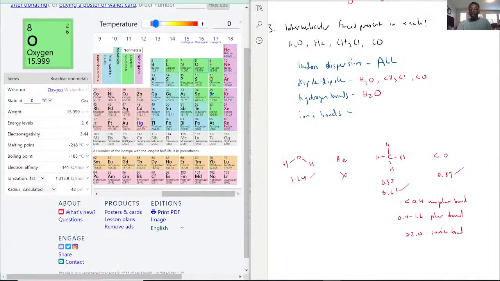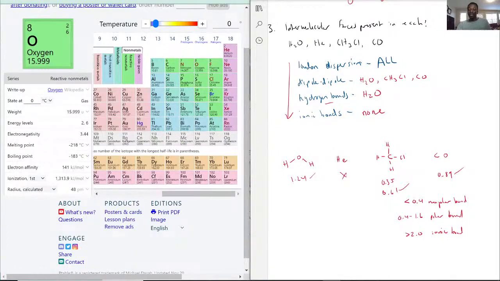And then ionic bonds, that's when you specifically have a metal and a non-metal. When you look at all these, everything listed is a non-metal, so that's none. Ionic bonds are the strongest, but of the ones present, the H2O molecule is probably the strongest, followed by CH3Cl and CO, which we can't really rank between, but we know they exert dipole-dipole and then London dispersion.